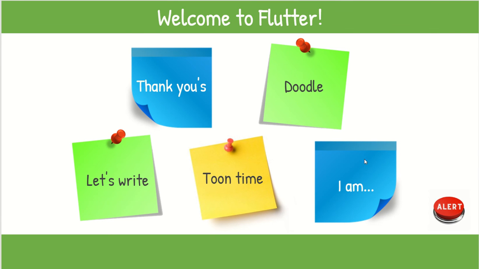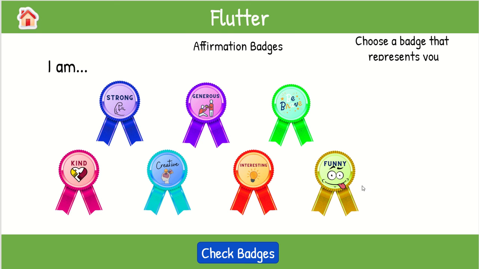The next feature is the I am particular feature, and this is going to be the affirmation section. So what we're going to do here is allow the child to choose a badge that represents them and what type of affirmation they're tied to. So for example, things like maybe they're very generous or creative or interesting or funny. Or brave.